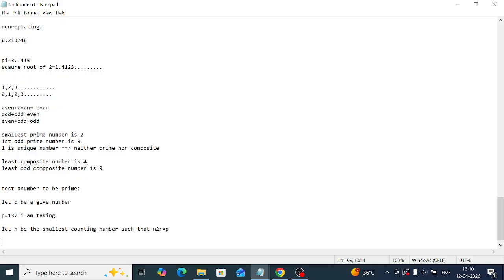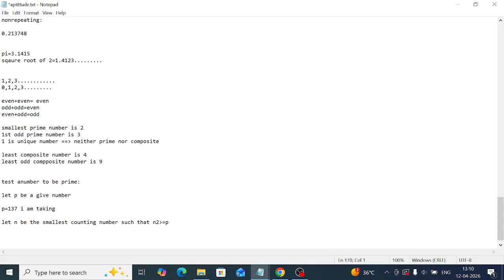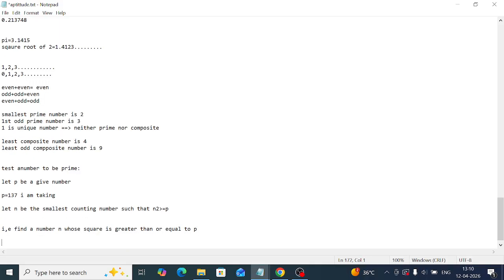That means find a number N whose square is greater than or equal to P. I will tell you, no need to worry.